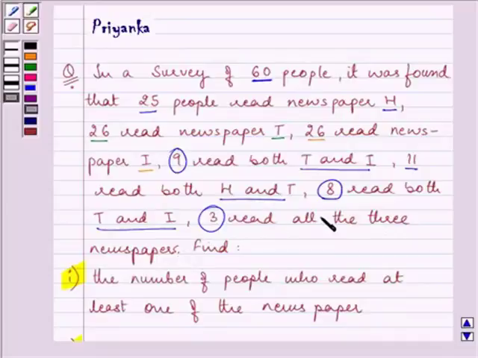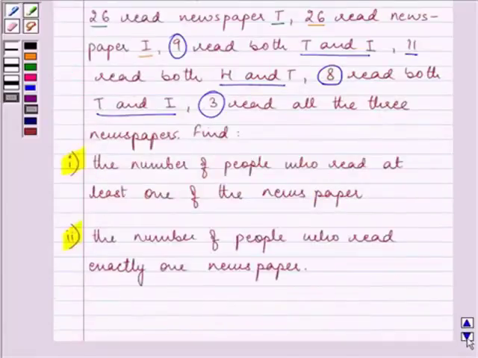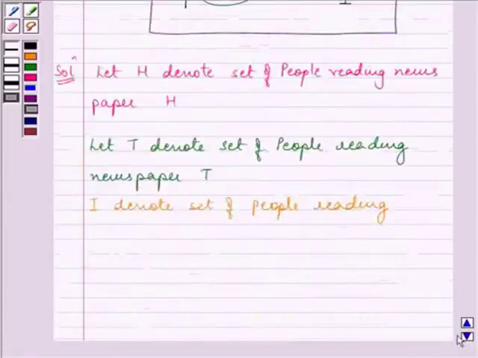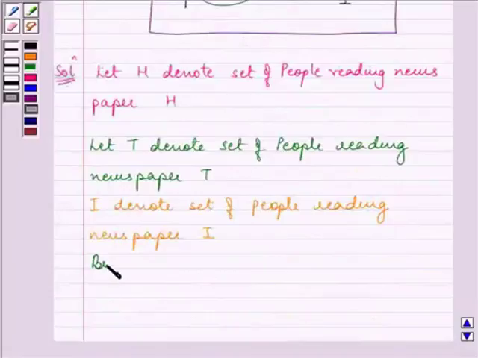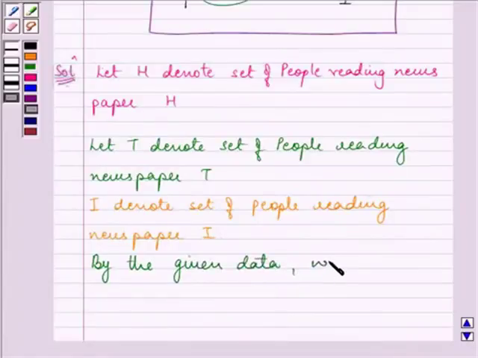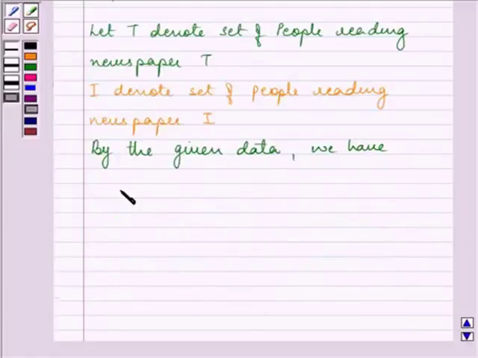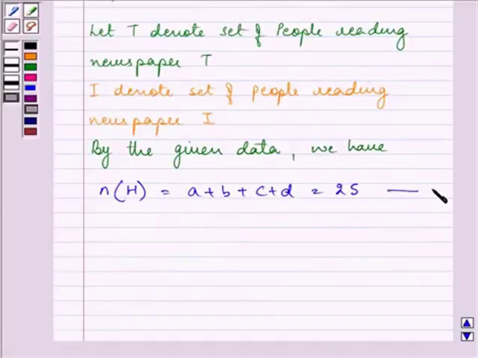So, we'll equate the elements like this. By the given data, we have the number of people reading newspaper H as A plus B plus C plus D, that is equal to 25. Let it be represented by equation 1.